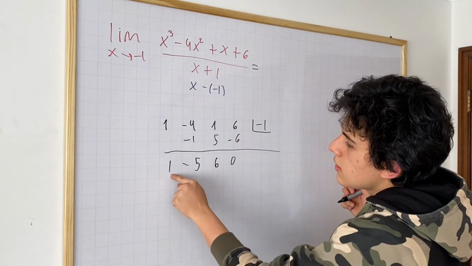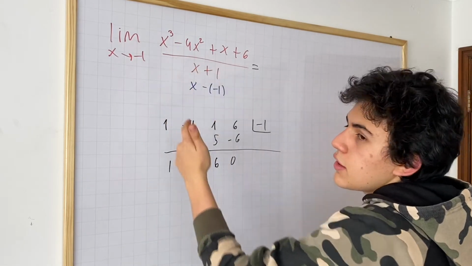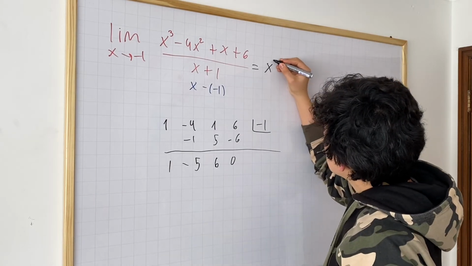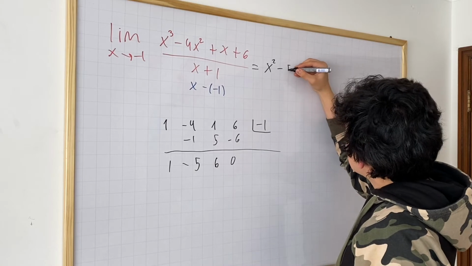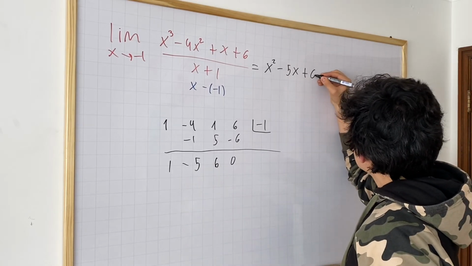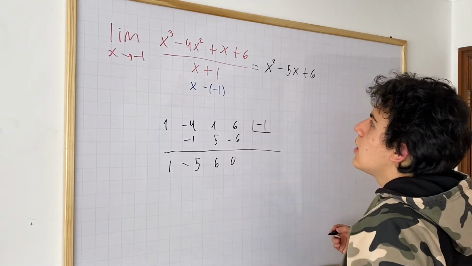So this would be x squared, the coefficient 1, x squared minus 5x plus 6.